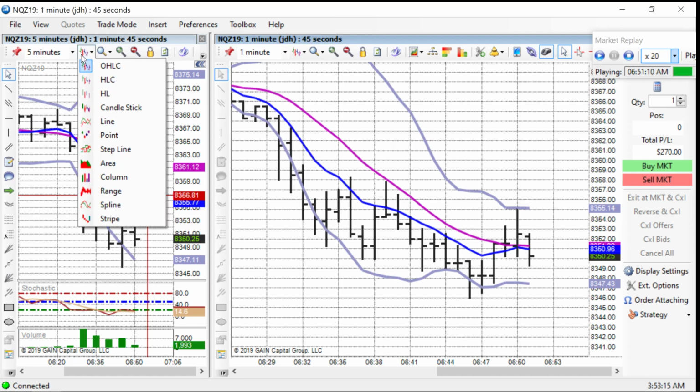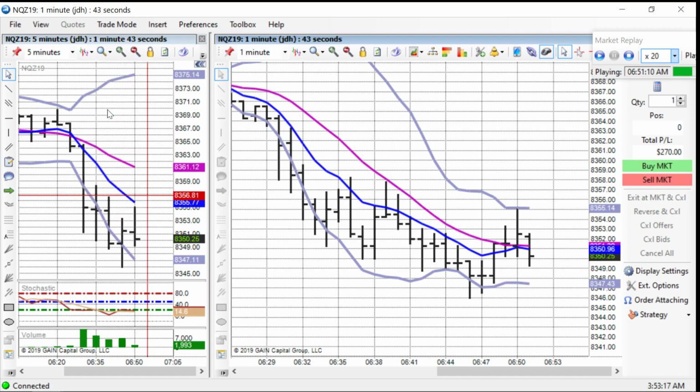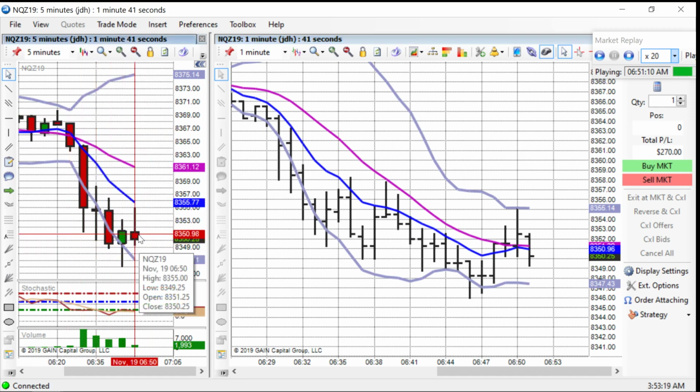If I was looking at a candlestick chart, we're seeing that red candle increase in size after a long wick, so it's traveled all that distance, and now it's moving in the negative direction.